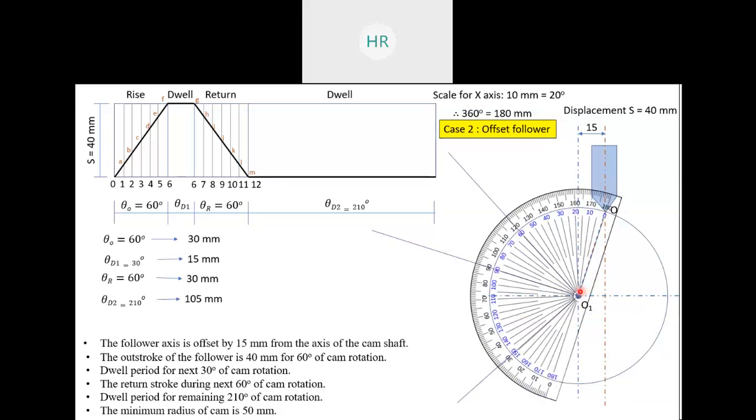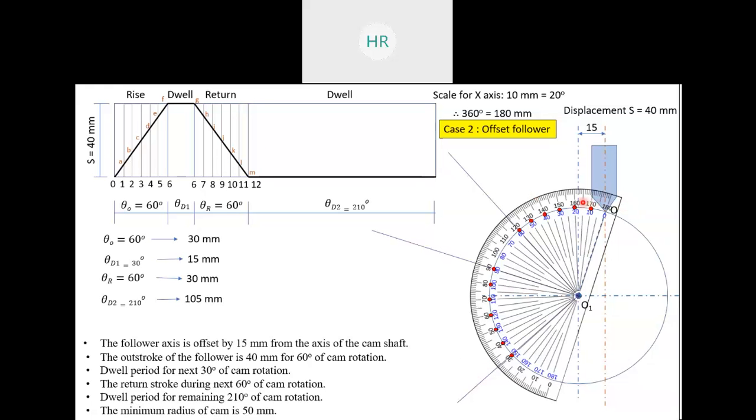I have placed points at 10-degree angles. You can see, and we will divide this angle theta r also into 6 equal parts. So I am placing the points at 10 degrees.